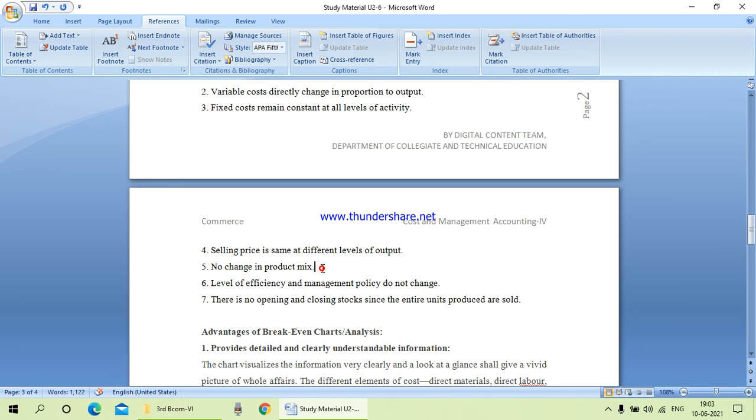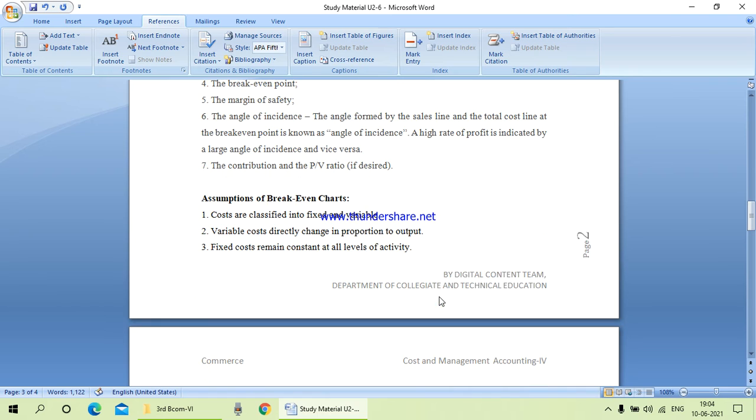No change in product mix. Level of efficiency and management policy do not change. There are no opening and closing stocks, since the entire units produced are sold. So we can prepare a break-even chart only under these assumptions.